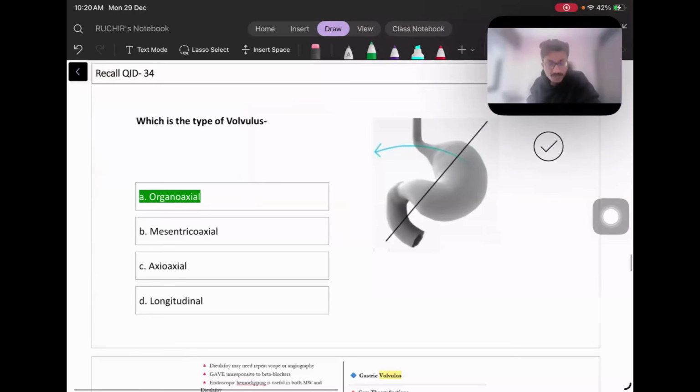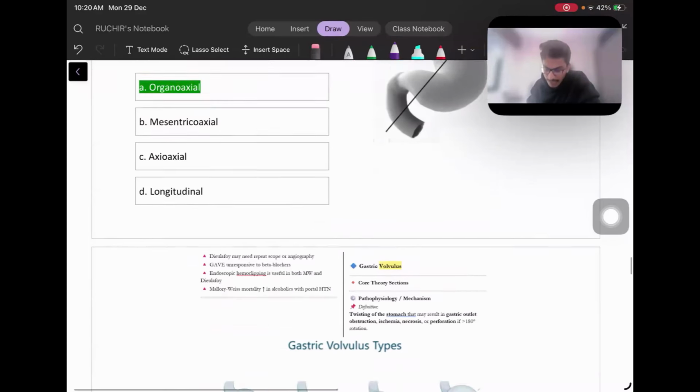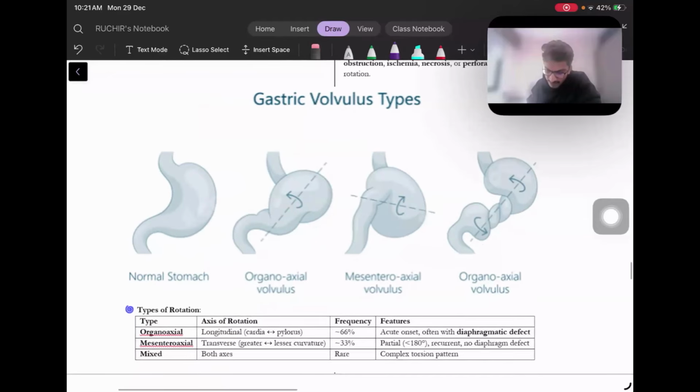Now, I think this was the image that was asked: which is the type of volvulus mentioned in this image? Any addition to the question stem, or is the question stem and everything okay? Yeah, we have clearly shown in our notes the various types of gastric volvulus: organoaxial and mesenteroaxial.